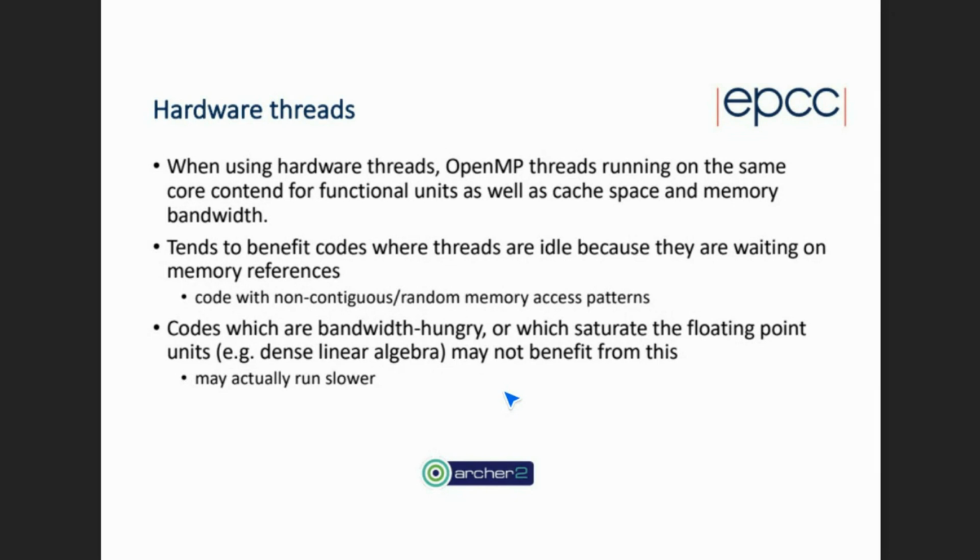So the trade-off is rarely worth it, and that's why on a lot of HPC systems hyperthreading is disabled by default. It's turned off, and you have to request it specially.